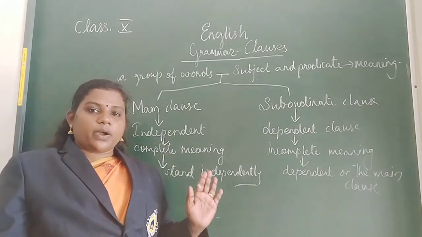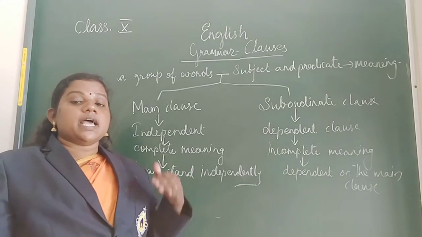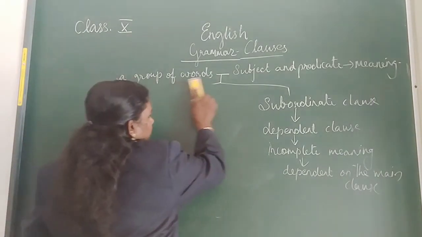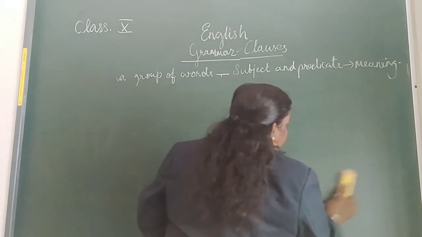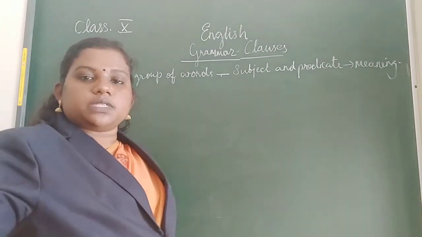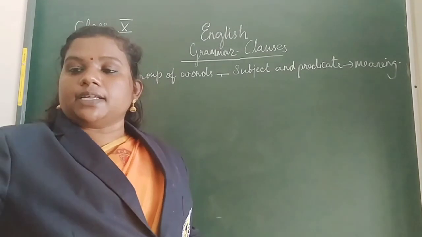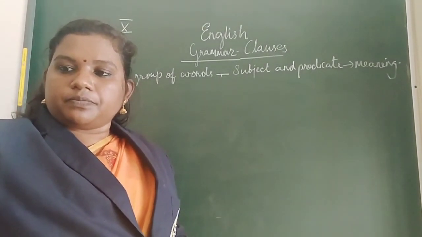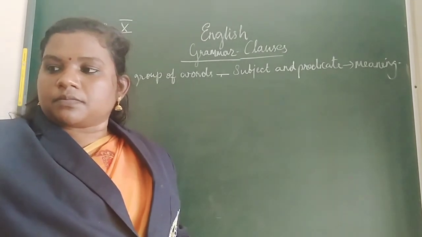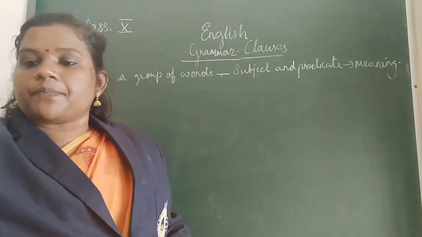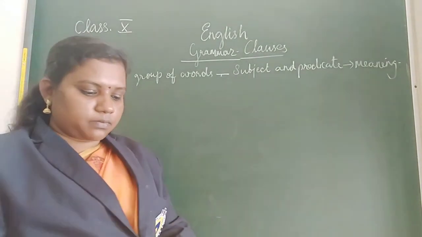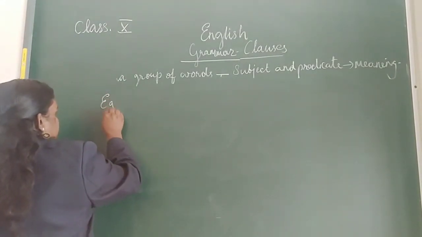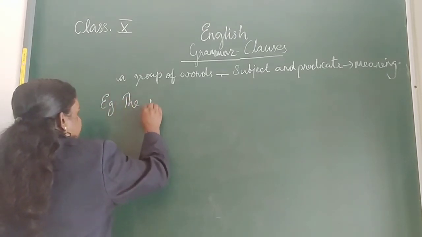Clear, students? When I am writing examples, it will be a little more clear for you. I will give you one example. So you can understand now what is main clause and what is subordinate clause. Here, the policeman example.